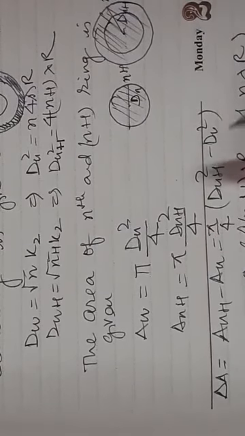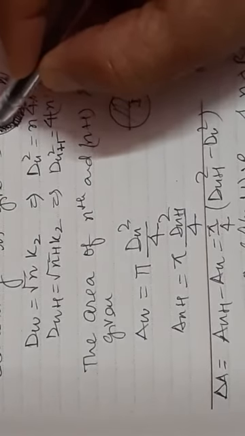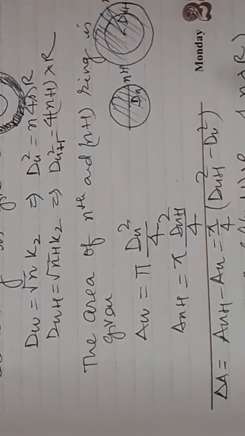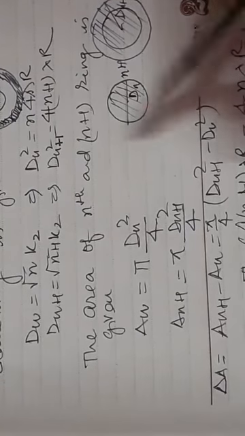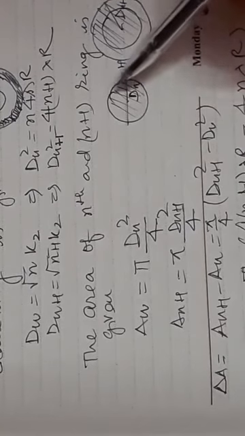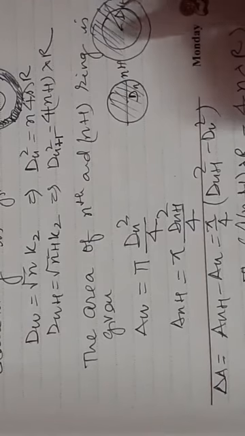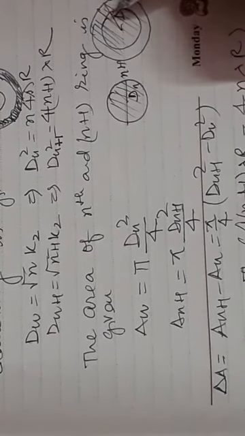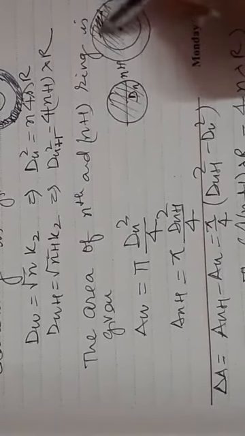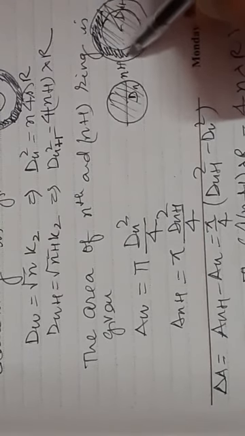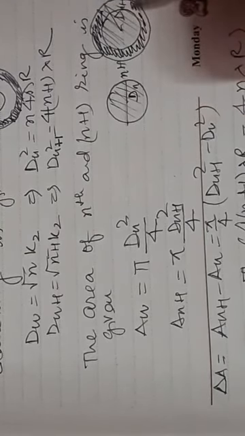So the difference between the areas: as you see, this is the area of the nth ring, and this complete area is the area of the n plus 1th ring. So we wish to calculate the difference between these two areas, that is, the area of this shaded region.